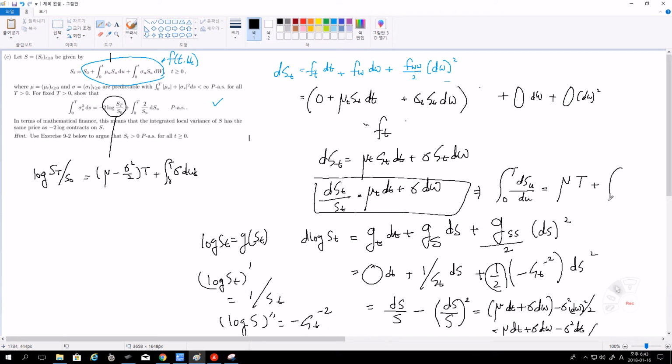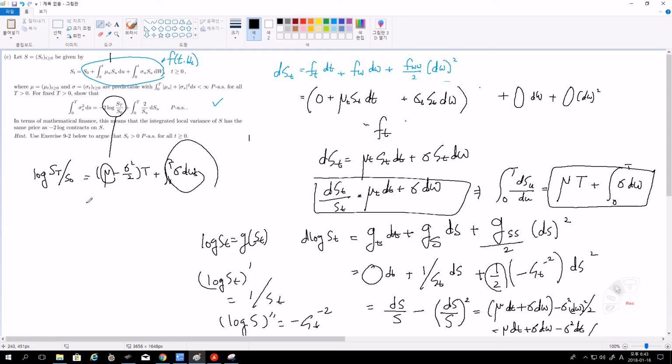So plus sigma dW from 0 to t. You know, these two terms are exactly the same as these two terms over here, right? So we can move over here.